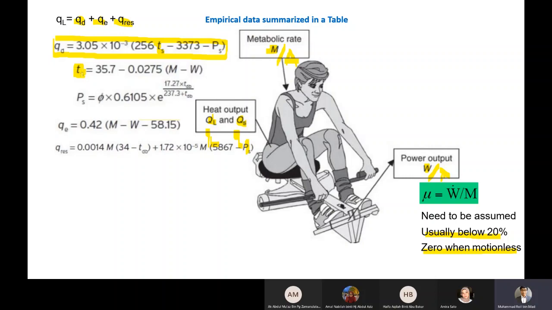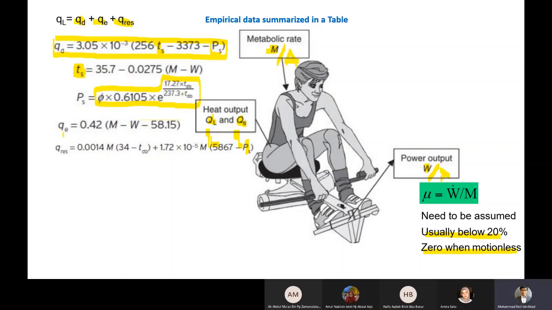TS is an empirical equation, a function of M and W, easy. Then it's also QD, also a function of PS. PS is the water pressure on the surface of the skin. It's a function of relative humidity, okay, and the ambient temperature.